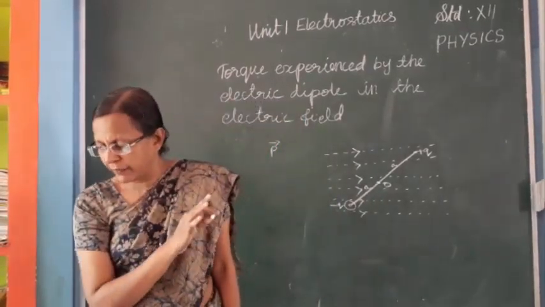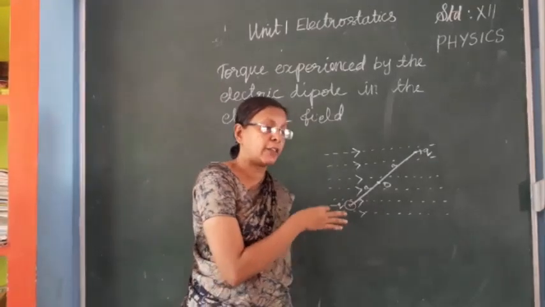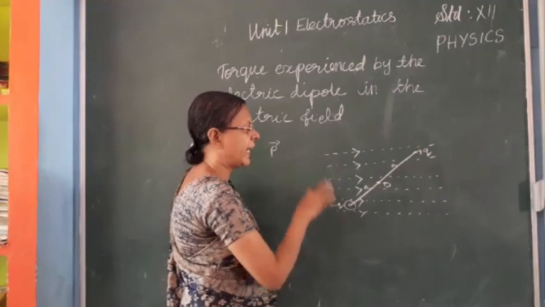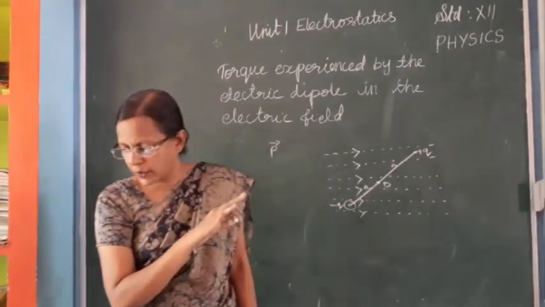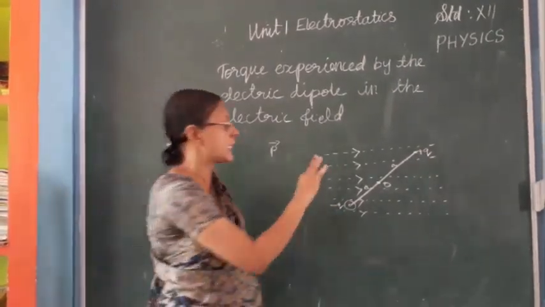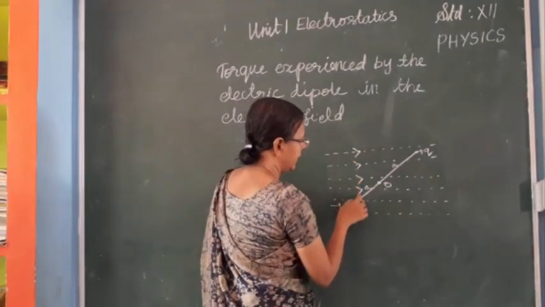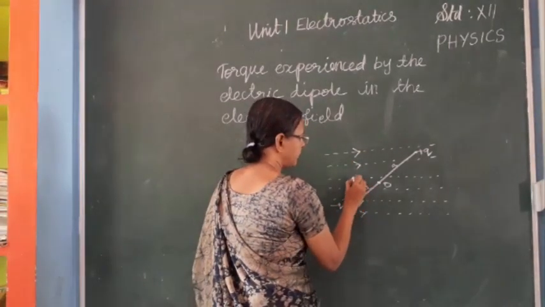Okay, so what is a uniform electric field? The electric field lines are equally spaced and they are in the same direction also. For showing the direction, I have drawn arrow marks.